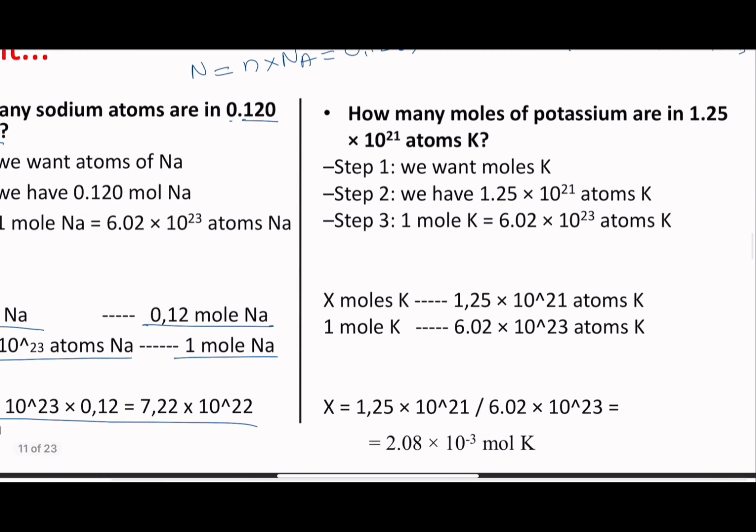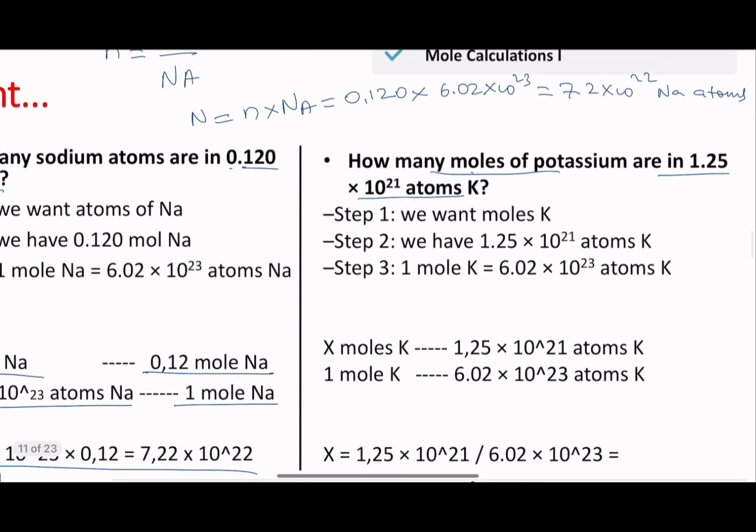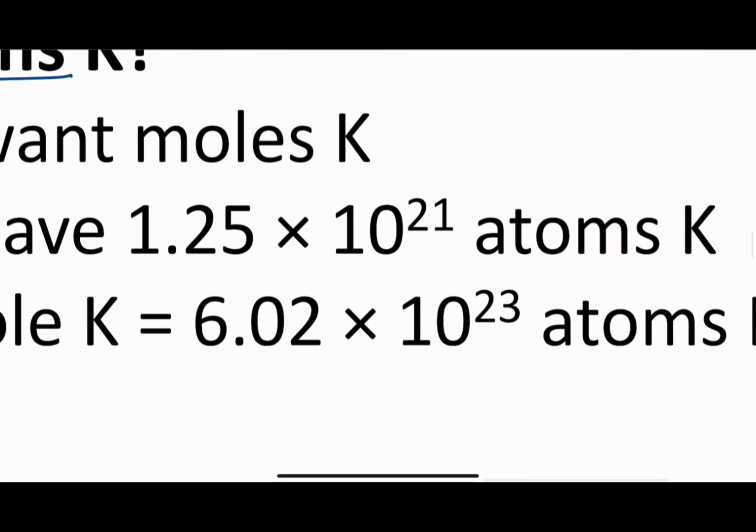Now it is asking us how many moles of potassium are in this many atoms. It is asking us the mole number. And I told you the formula is n equals N over Na.